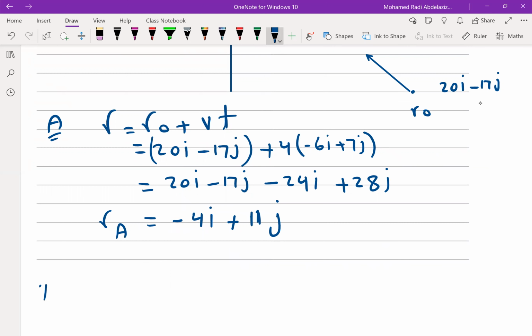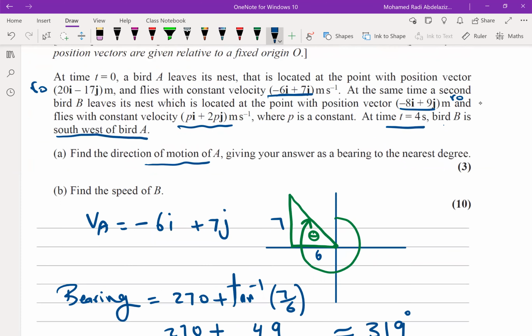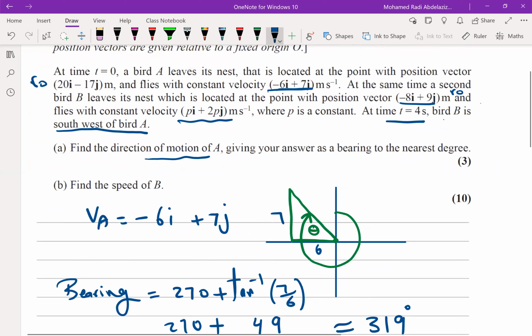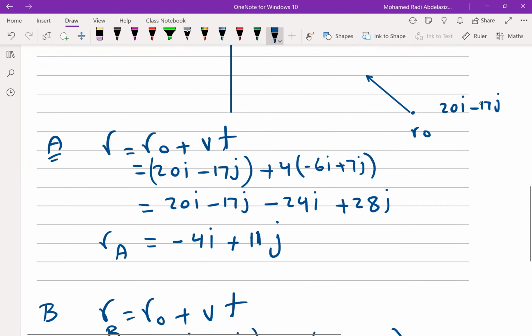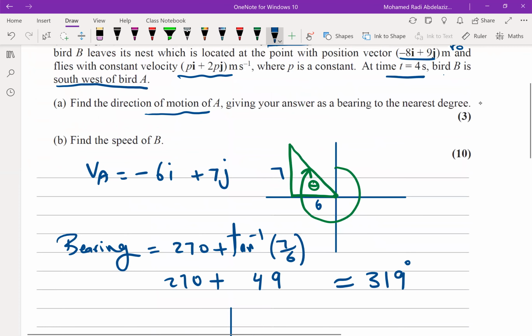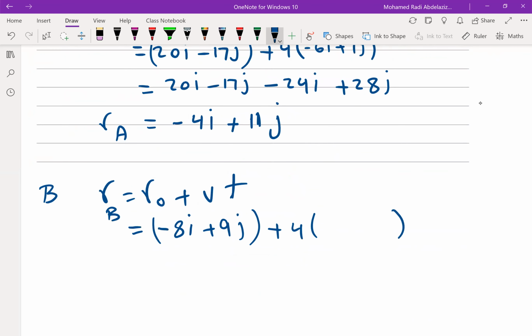In the same way for bird B, R is equal to R0 plus vt. So R of B is R0, the initial position, minus 8i and 9j, plus t is 4. Velocity of B is given in terms of p, pi and 2pj.